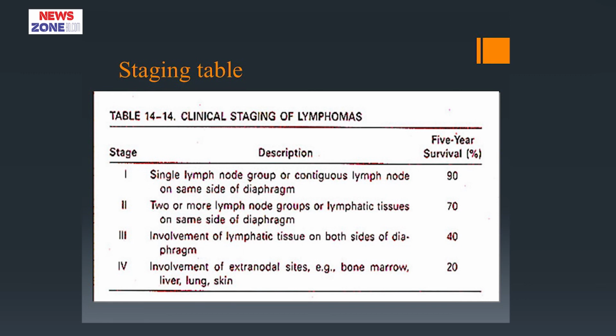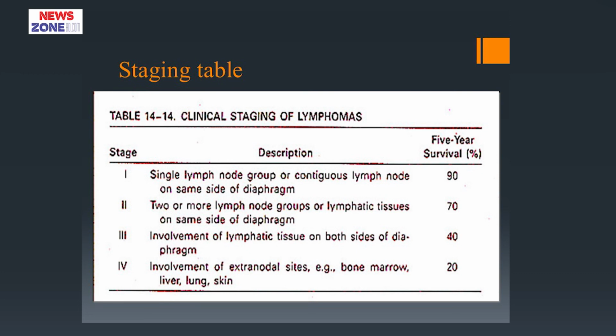Definitely the benefit is, if the patient is diagnosed in stage 1, with a single contiguous lymph node involved, then survival is more than 90% at 5 years. If the patient is diagnosed in stage 2, then the 5-year survival possibility is 70%.